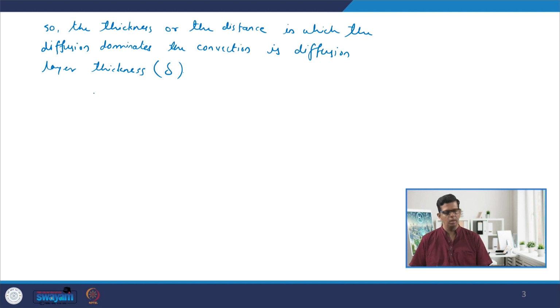and as you can see it is quite tough to define where this diffusion layer thickness actually starts.